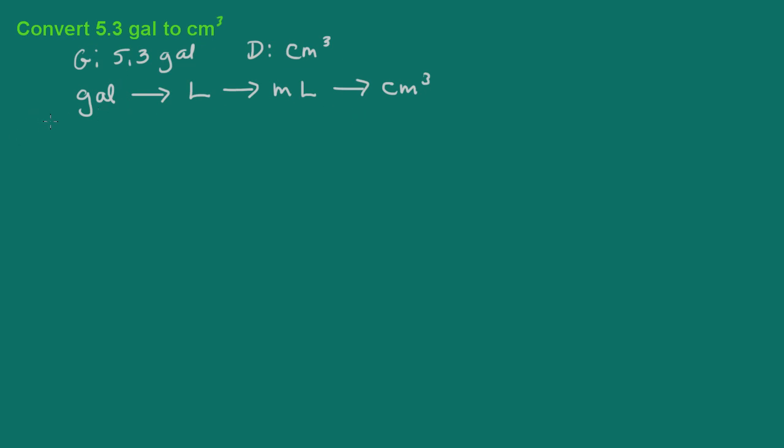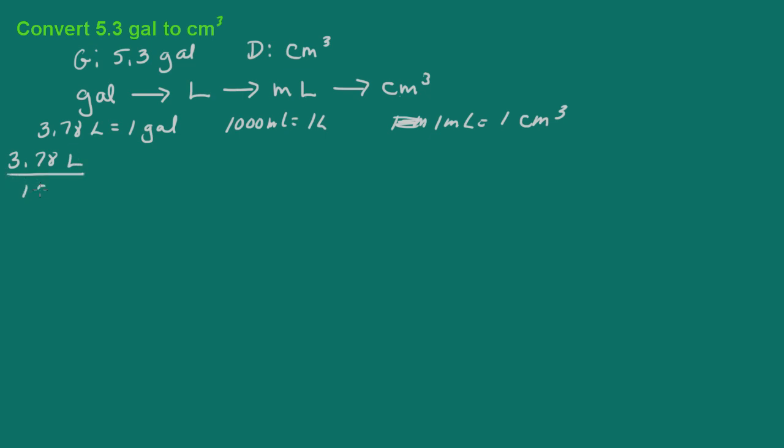So the first one is easy. We have 3.78 liters equals 1 gallon. From liters to milliliters, I know there are 1,000 milliliters in 1 liter. And then from milliliters to cubic centimeters, I know that 1 milliliter equals 1 cubic centimeter. So I have my 3 equivalences. Now all I need to do is write out my conversion factors.